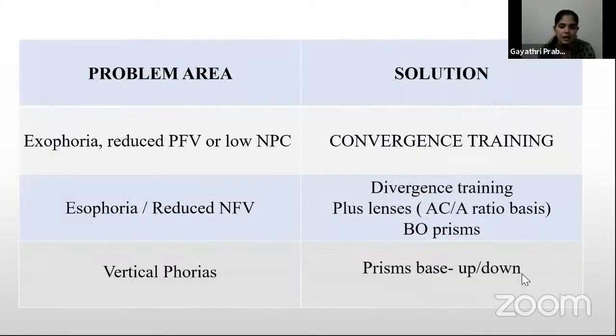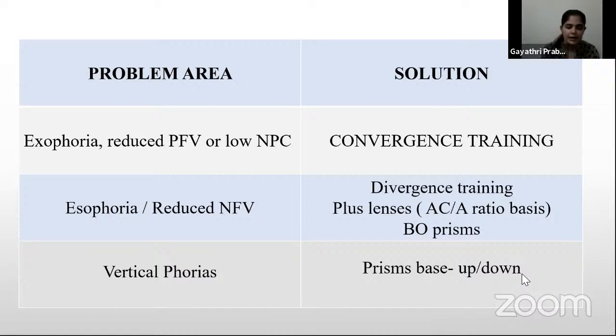Now let us look into what the management options are here. If a person has exophoria, reduced positive fusional vergence or a low NPC value, a reduction in vergence amplitudes, then you can try giving them convergence training.